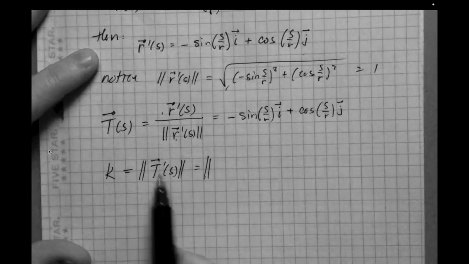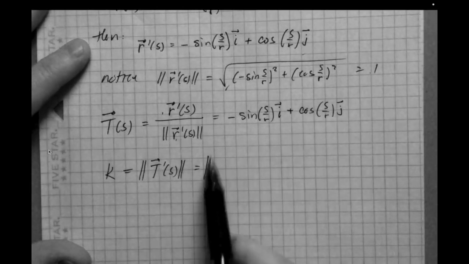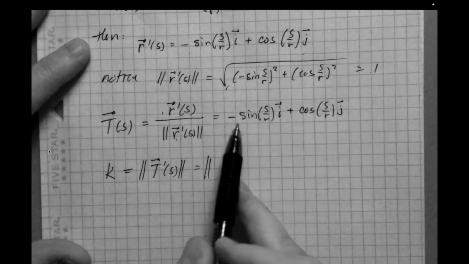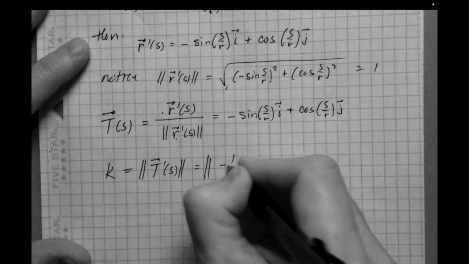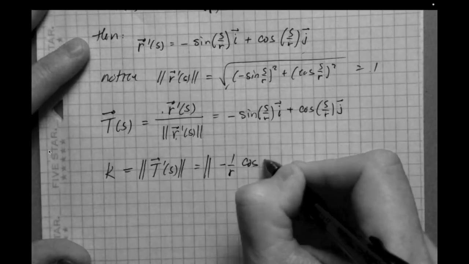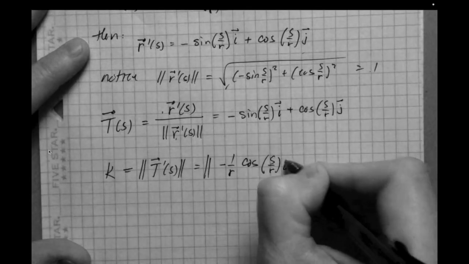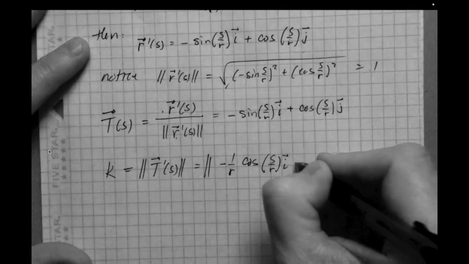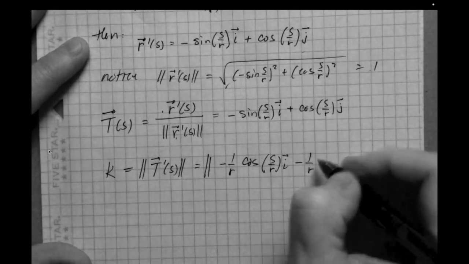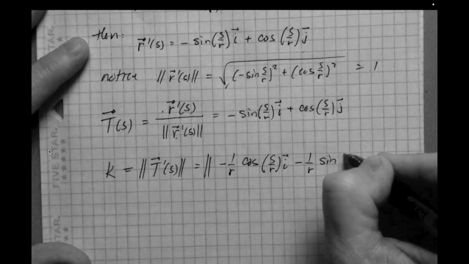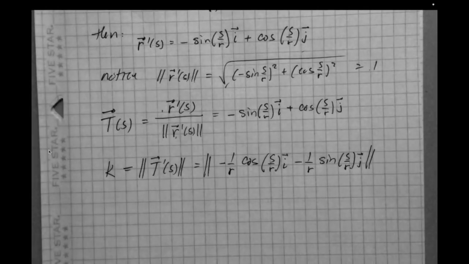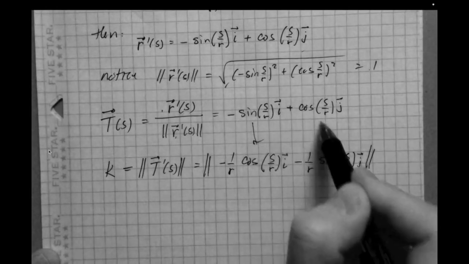We have to calculate the derivative of this inside the norm brackets, but that's really easy to do. It's just negative 1 over r cosine of s over r times i. And then over here it becomes negative also: minus 1 over r times the sine of s over r times j. That's really just differentiating here.